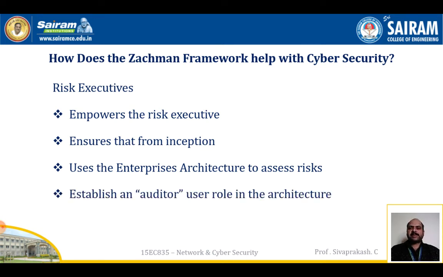One of the first actions that the risk executive should take is to establish an auditor user role in the architecture of every system. The auditor is a read-only user to reveal waste, fraud, and abuse. In the commercial world, these auditors are implementing the Act through a framework such as Control Objectives for Information and Related Technologies.